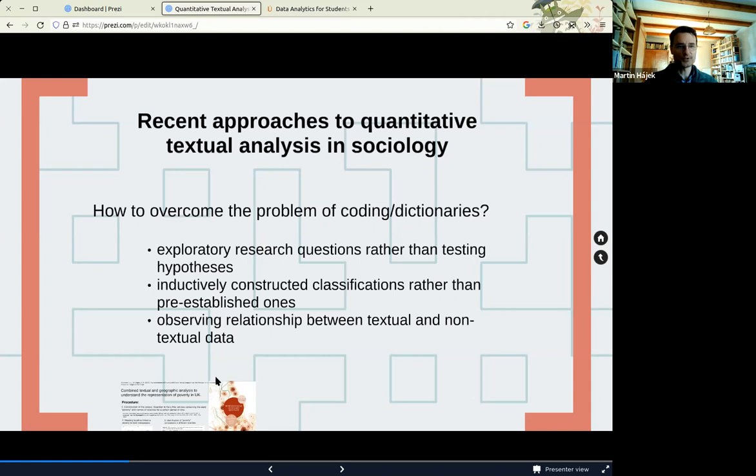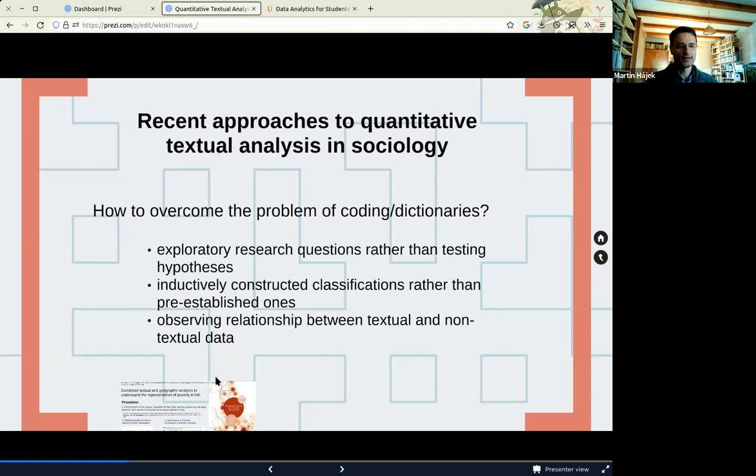While in exploratory research, you have questions and you get large answers which are not related directly to any theory, and you have to find some theory for interpreting the results. But it's a way to do quantitative textual analysis.